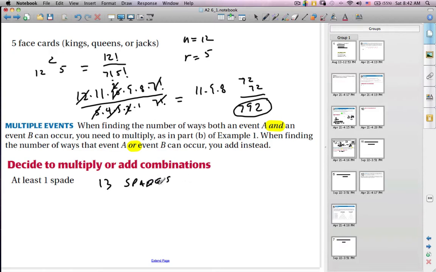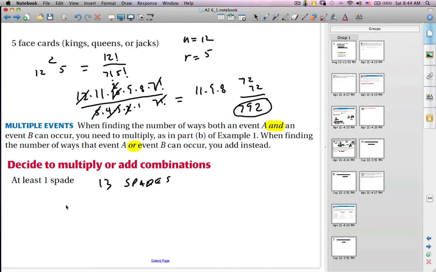So how many different ways are there for me to come out with at least one of them is an interesting question. So I could have one spade, or I could have 5 spades in order to justify at least one spade. I could calculate the possibilities of having 1 or 2 or 3 or 4 or 5, and I could add them together.